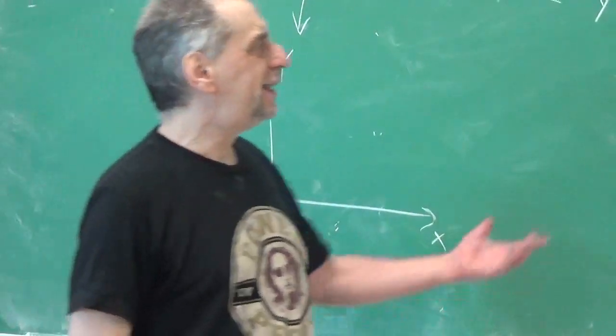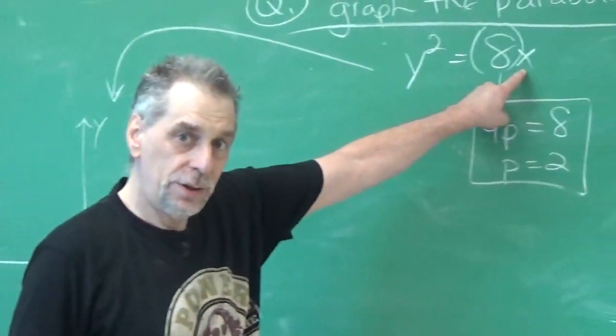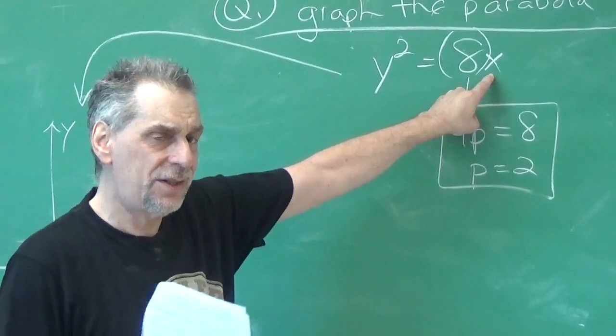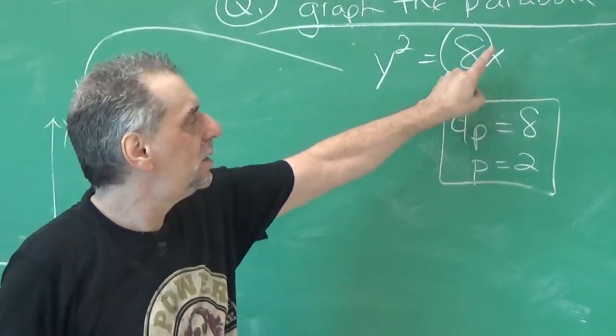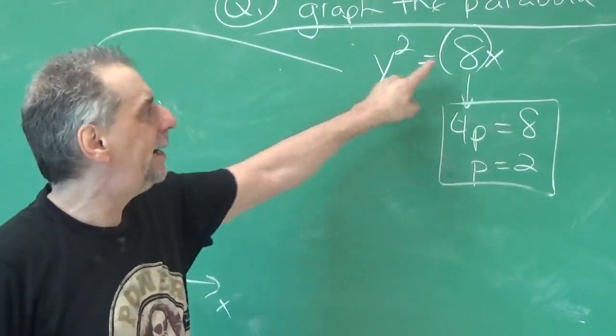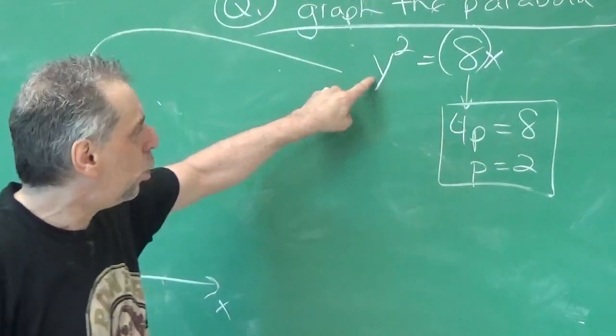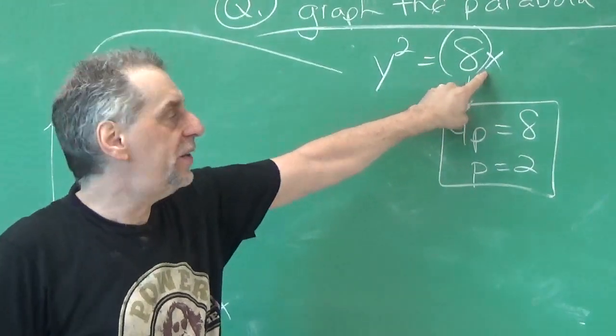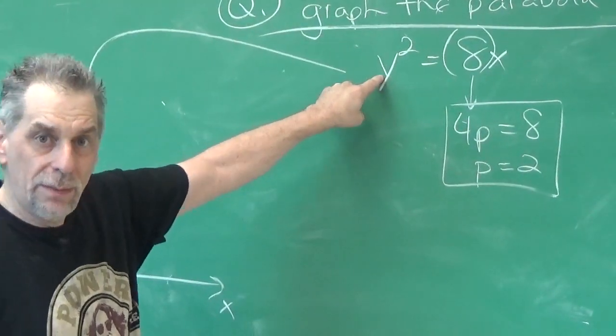Same idea with the center, x minus h. h is the x value of the vertex. I'm sorry, in this case there's no center, it's just a vertex. The vertex is at (h, k), again x minus h and y minus k. If the x is alone, it's x minus 0. If the y is alone, it's y minus 0.